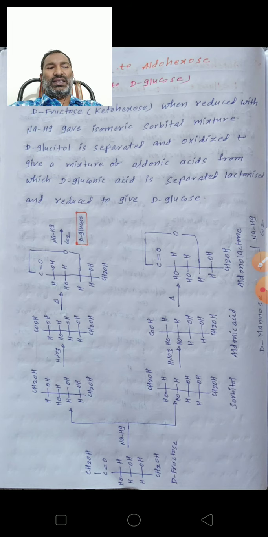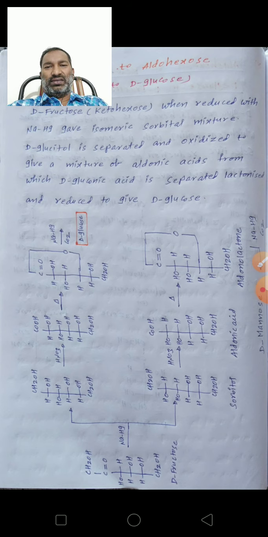Next, D-glucitol is separated and oxidized to give a mixture of aldonic acids, from which D-gluconic acid is separated, lactonized and reduced to give D-glucose.